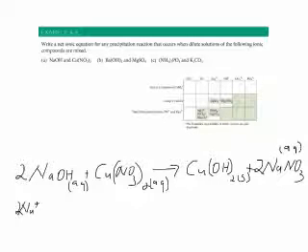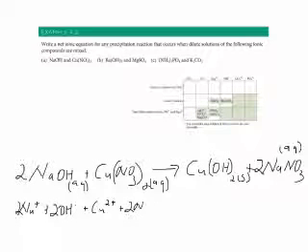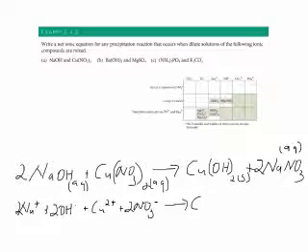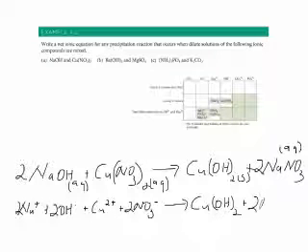Oops, 2. Alright, so then we have 2OH minus, and then we have copper 2 plus, 2 nitrate ions. The copper hydroxide is insoluble. Because it's insoluble, I'm going to write it together as an insoluble substance. And then finally, I'm going to write over here, I have 2 sodium ions and 2 nitrate ions.